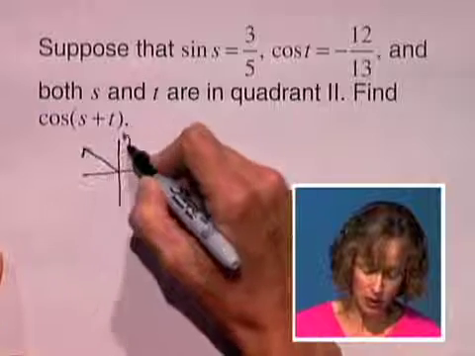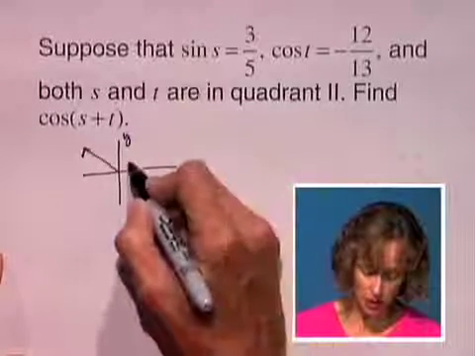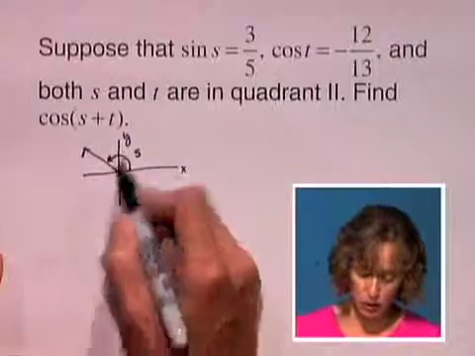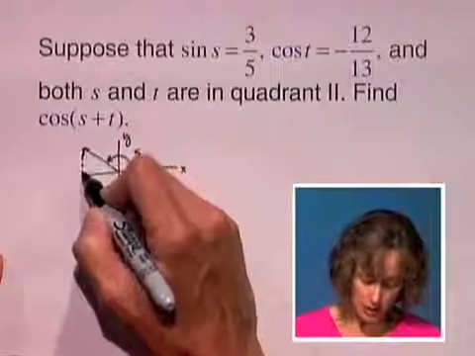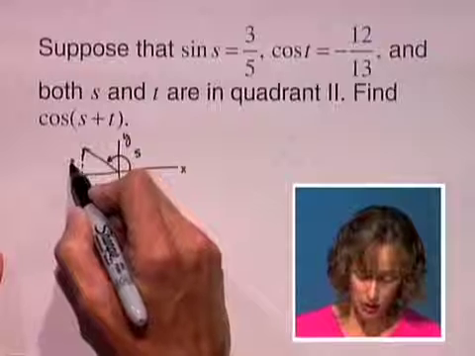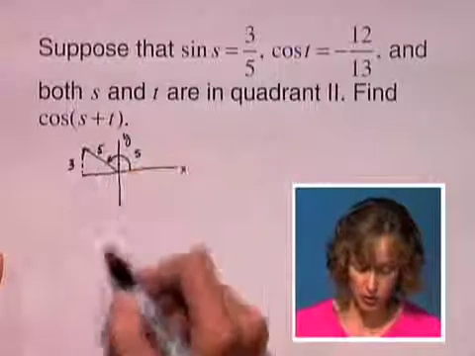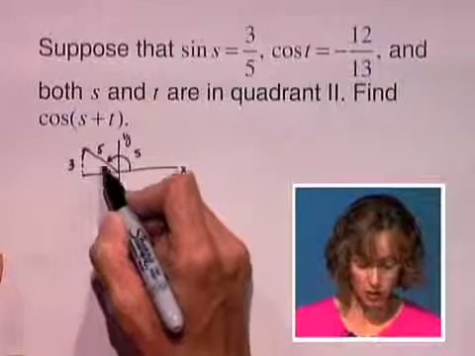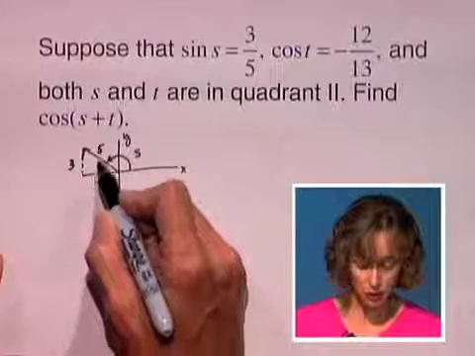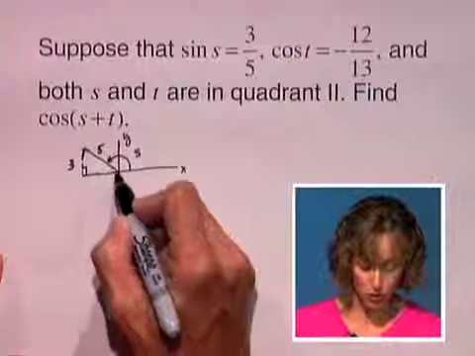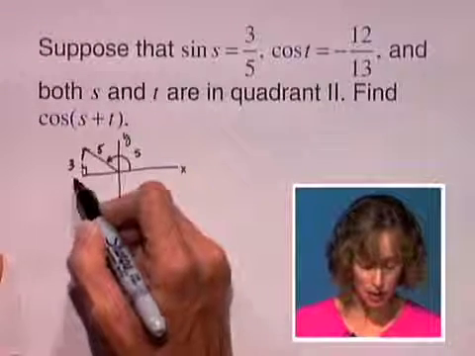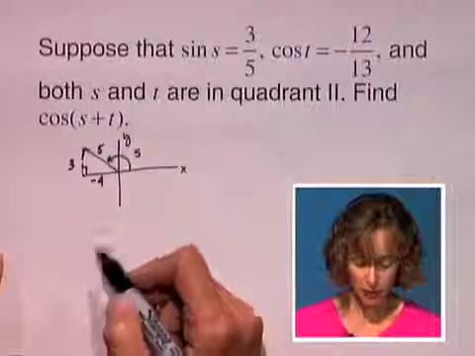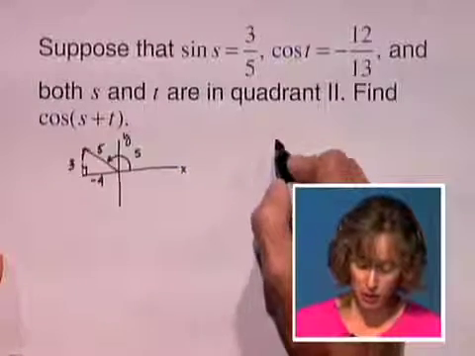Here's the y-axis and here's the x-axis, and here's angle S, that ends up in quadrant 2, such that its sine, so if I take the opposite side over the hypotenuse, is 3/5. I want to find this adjacent side. Look at this triangle. This has to be a 3, 4, 5 right triangle, but because this side extends to the left, I'm going to label that side -4. So there's angle S, a picture that I could use.